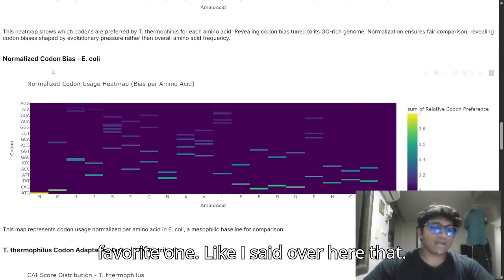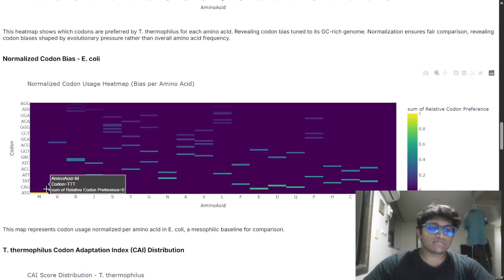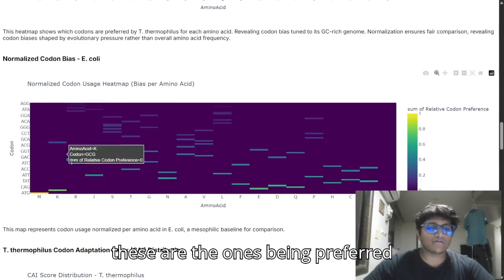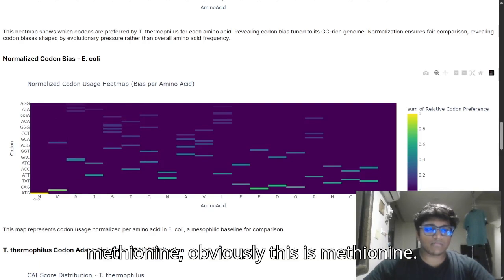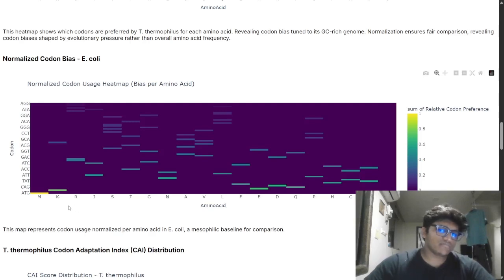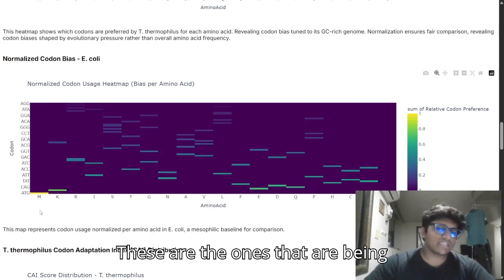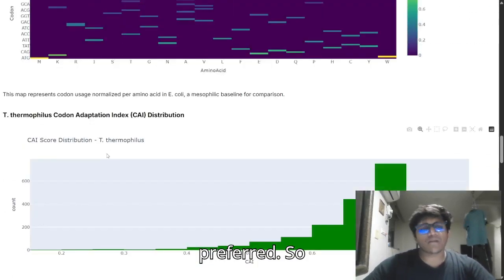Like I said over here, these are the ones being preferred, like for methionine. Obviously, this M is methionine, right? So these are the ones that are being preferred.